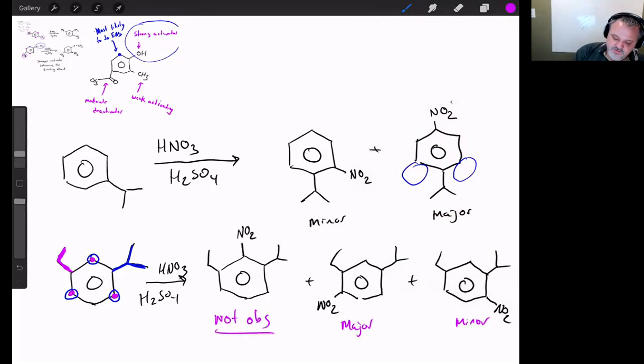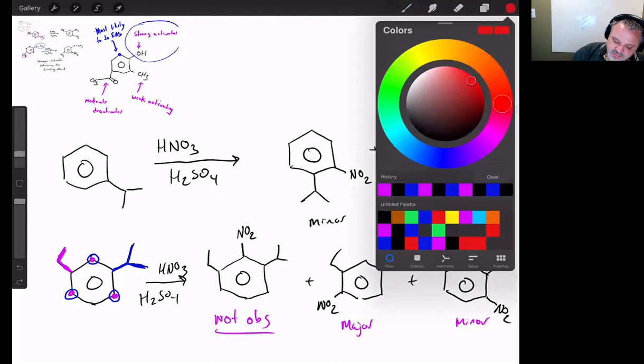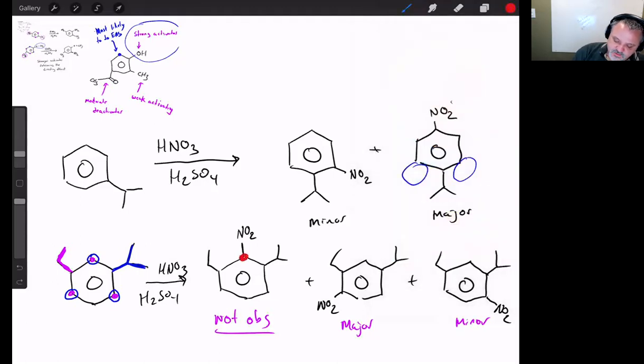There's too much steric hindrance at this position because it's sandwiched in between two groups. This one is the major product because it's ortho to the smaller group. This one is the minor product because it's ortho to the larger group.